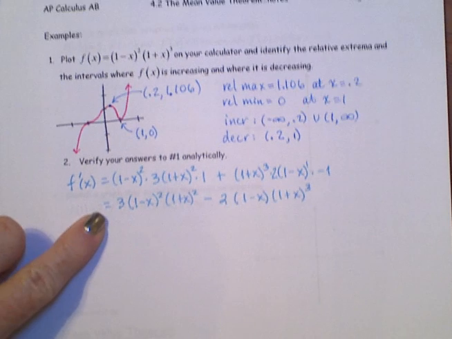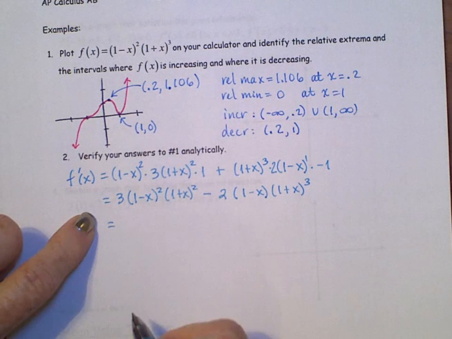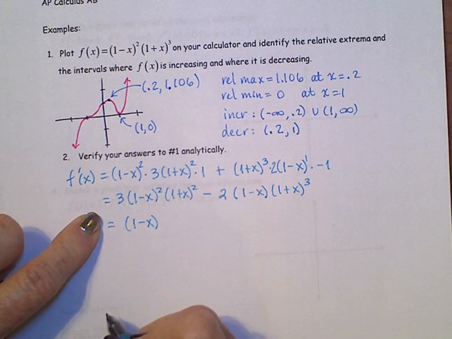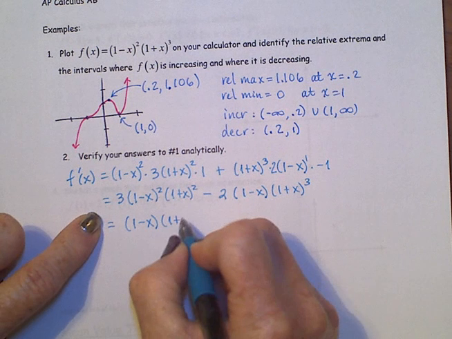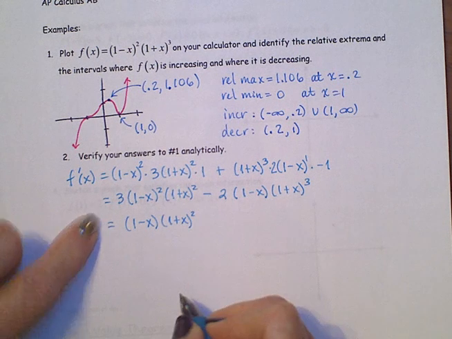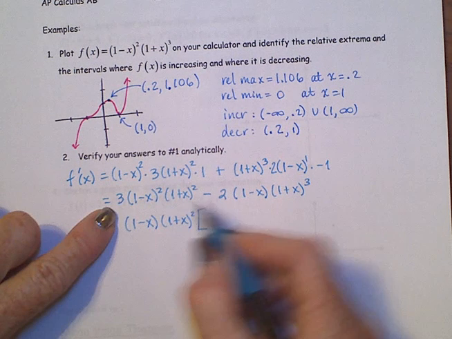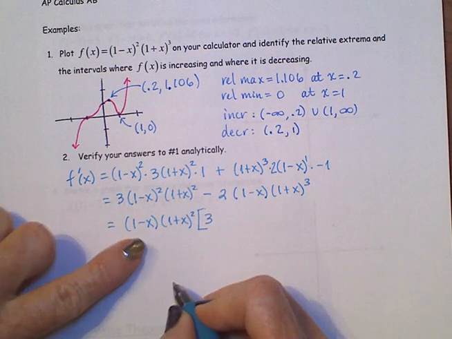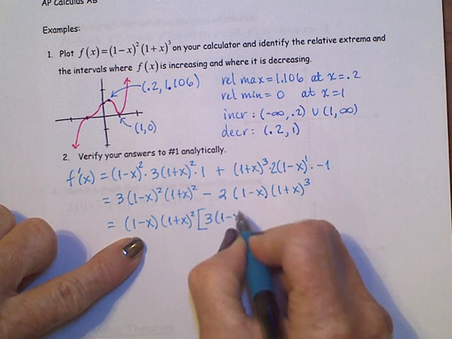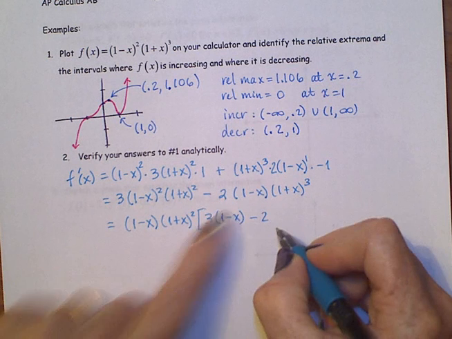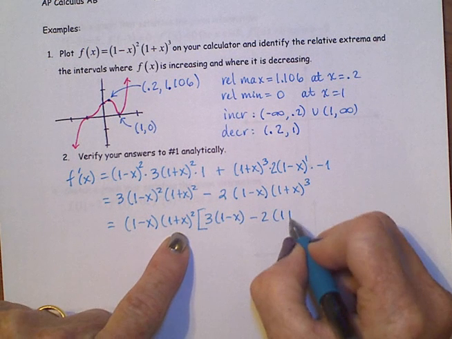Let's go ahead and factor that. I see a (1 minus x) common and a (1 plus x) to the second. From this first part, we need a 3 and a (1 minus x). From the second part, we'll need a minus 2 and a (1 plus x).